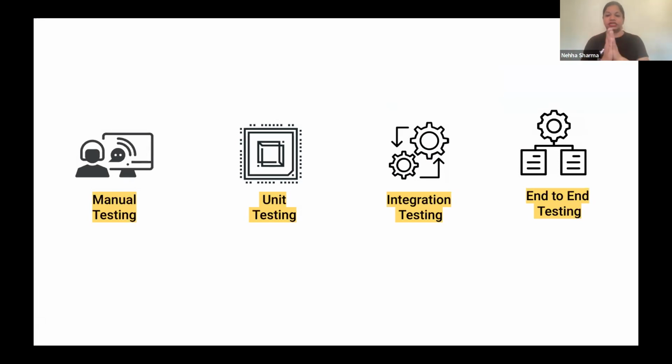So in integration testing, two components come together and do some task. And the last one is end-to-end testing, where you test the whole flow of the application end-to-end. There is also snapshot testing. I haven't mentioned it here, but that is also there.